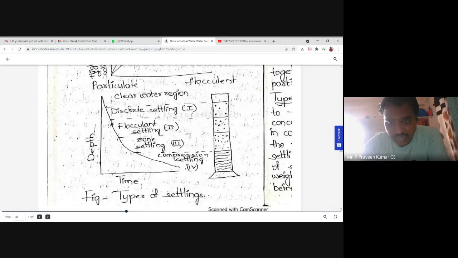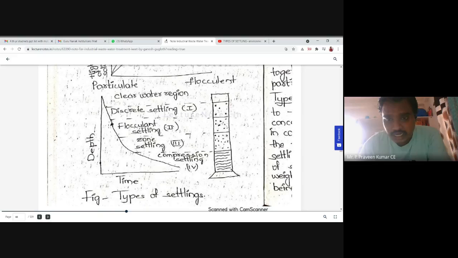See, this is the tank, the sedimentation tank, whether it is horizontal or rectangular, whatever it may be. See, in the first type, the particles which will be settled in the wastewater will be named a discrete settling. That comes under type 1. Okay, what is meant by discrete settling? What is meant by type 2? What is meant by type 3? That will be discussed now itself.